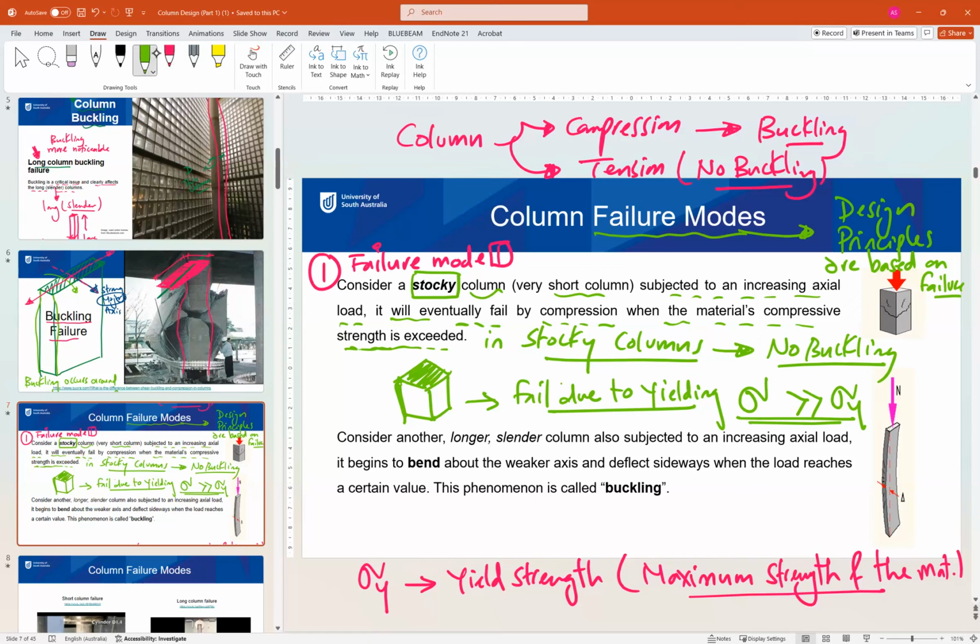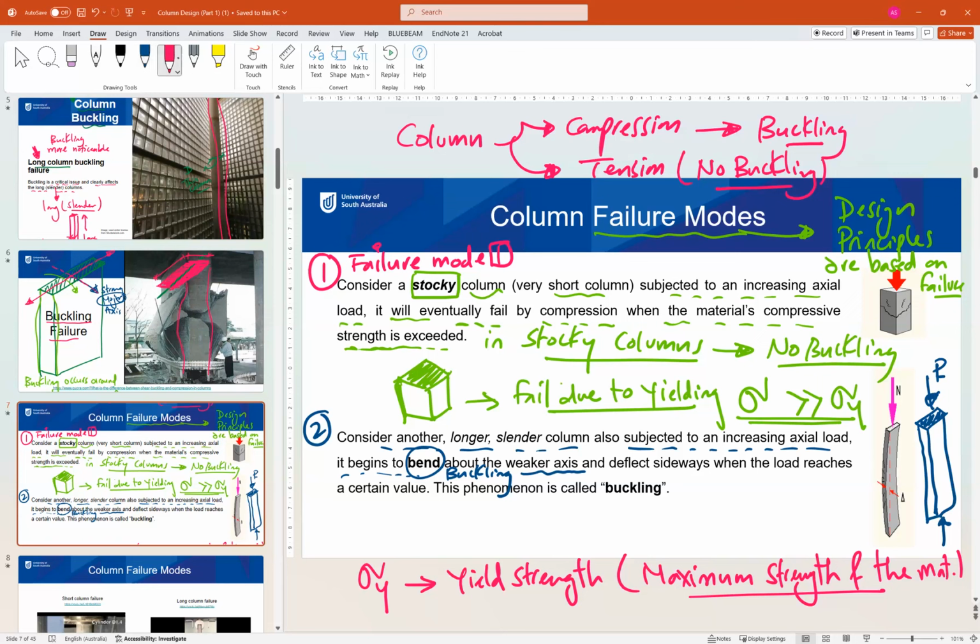The second option is if we consider a longer or slender column subjected to an increasing axial load, the column will start to bend. This bending means buckling about the weaker axis. So again here, as you can see, if this is our column, but this column is slender, when you apply the load P, this column will bend in one of the directions like this.